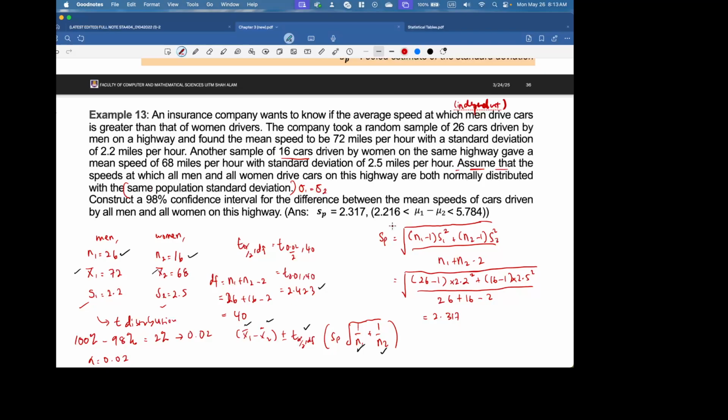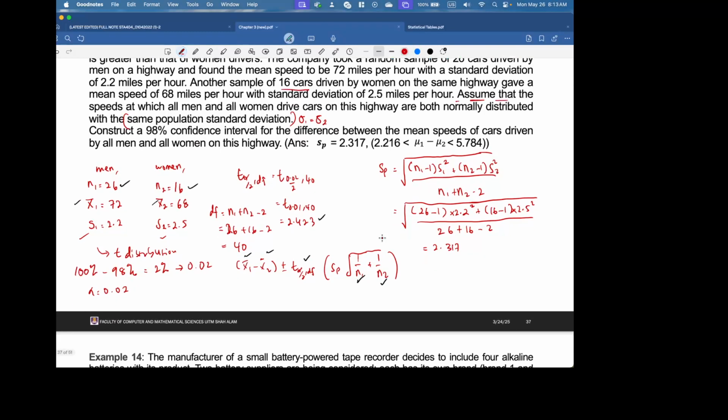Then here you need to transfer this information. 72 minus 68 plus minus 2.423 times, now Sp is 2.317, times the square root of 1 over 26 plus 1 over 16.